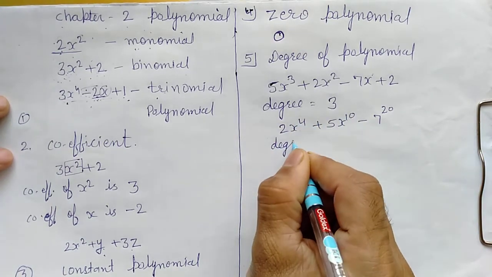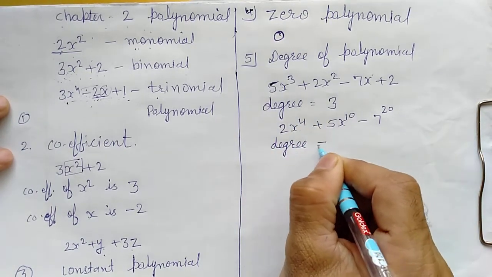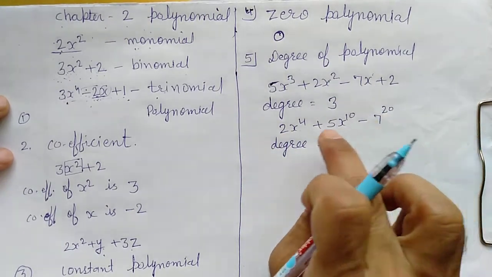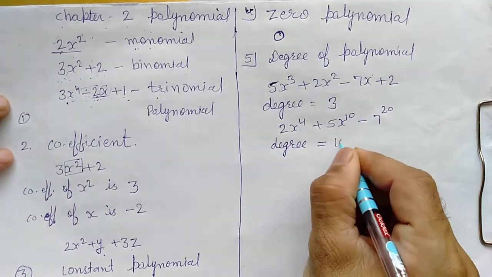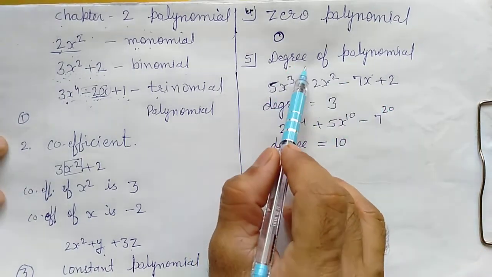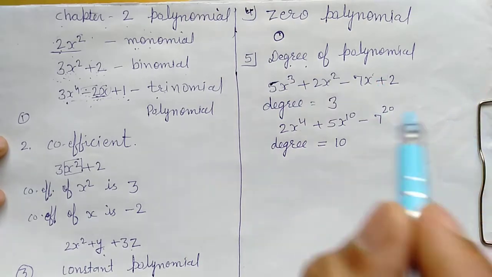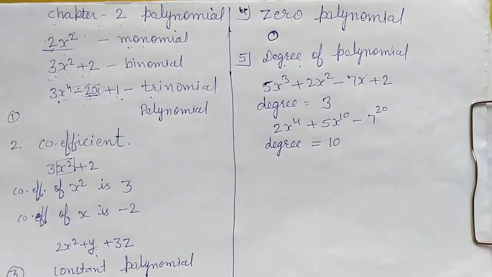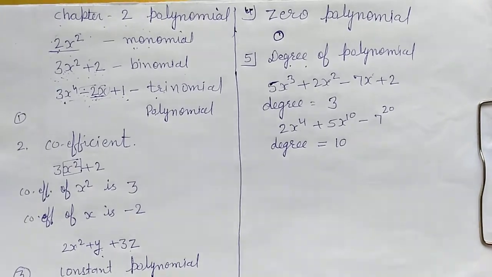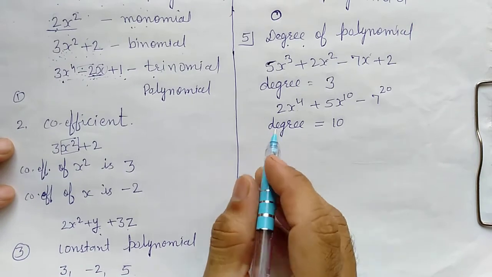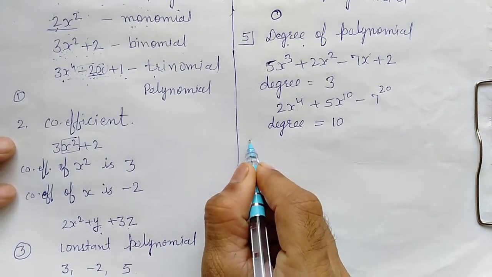So now see, the degree of this polynomial is not 20, that is 10, because I told you just before, the degree means highest power of variable in the polynomial or expression. That is called degree of polynomial. Got it? Clear? Yes. Next one is type of polynomials.